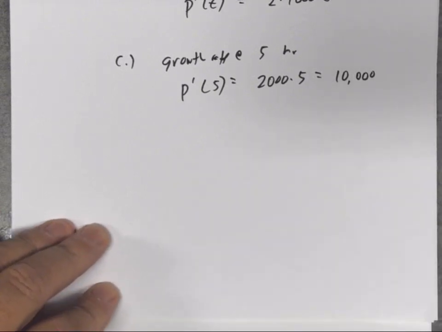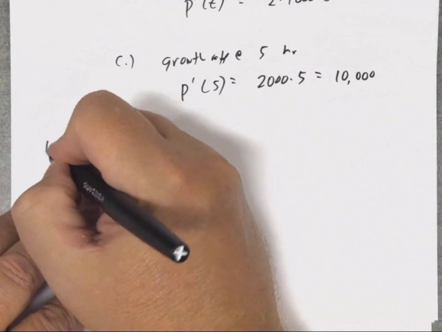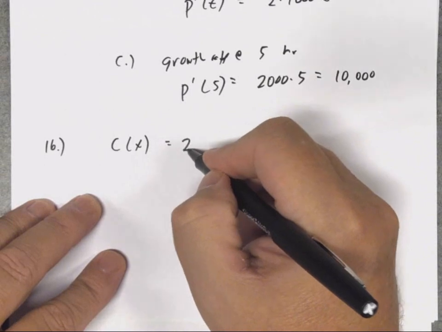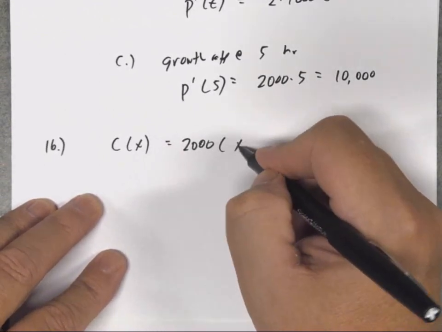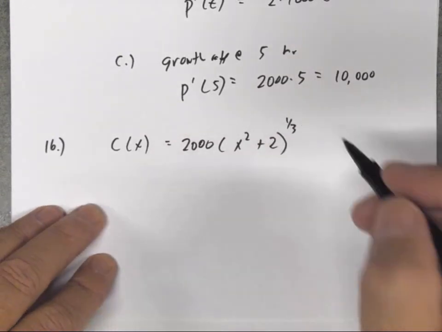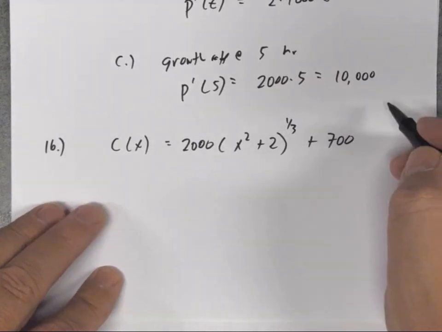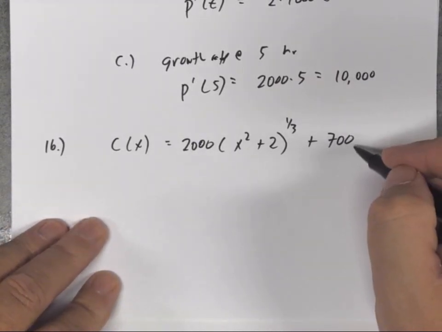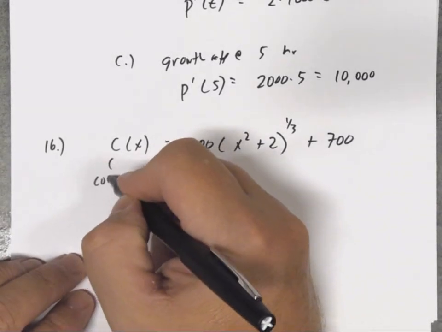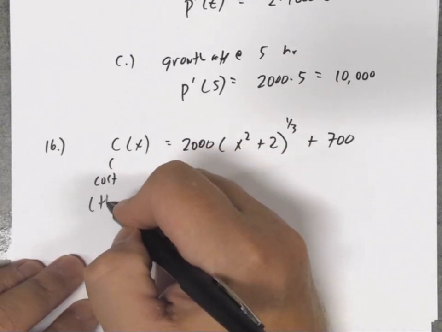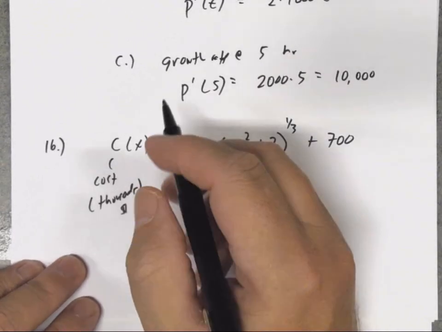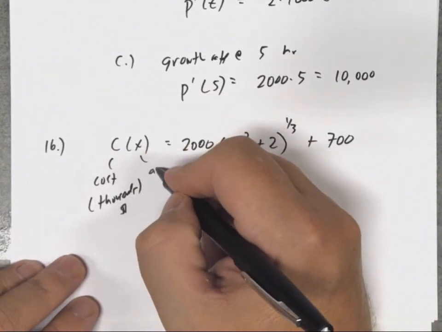This says the cost of producing airplanes is given by C of x equals 2,000 times (x squared plus 2) raised to the 1/3, plus that, where C of x is the total cost, so that's the cost in thousands of dollars, and x is the number of airplanes.